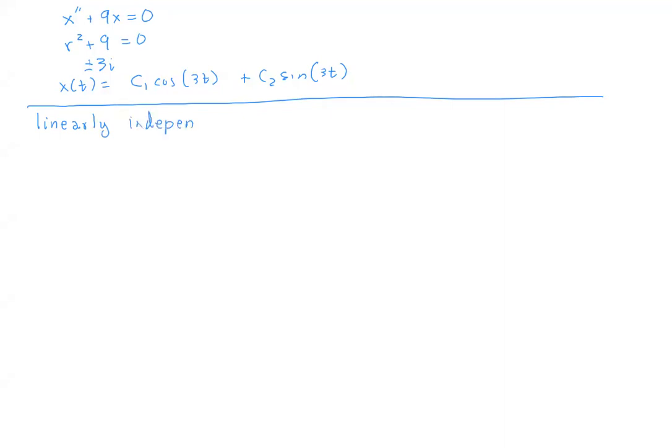If you have three of them, then it's a little different. And of course, you may ask, why would I ever have three of them? And the answer is, if you had an equation of the third degree, then you would have three solutions. So linearly independent solutions for two means that one is not a constant multiple of the other.